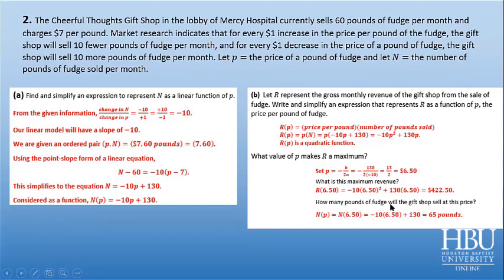How many pounds of fudge will the gift shop sell at this price? We go back to our linear function and substitute $6.50 for the price. We have minus 10 times $6.50 plus 130. And if you work that arithmetic out, it turns out to be 65 pounds of fudge.